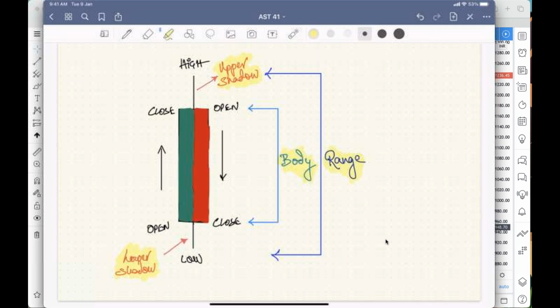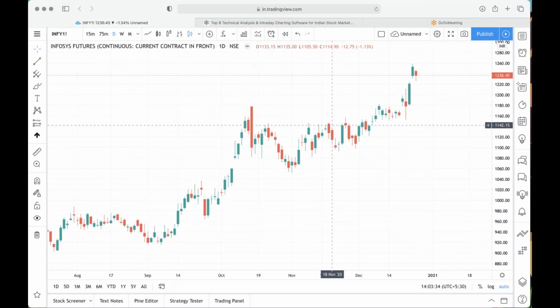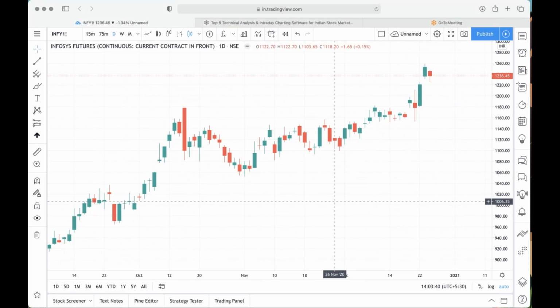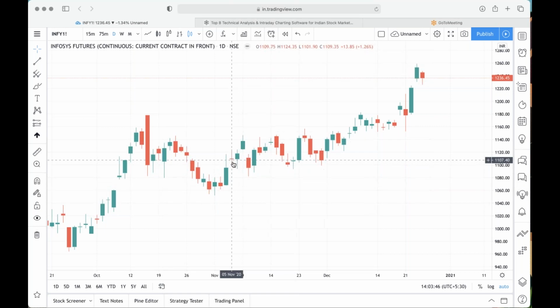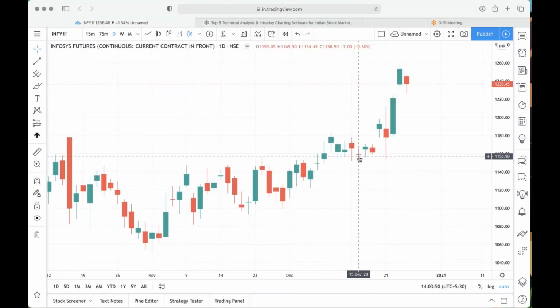And now when you take a look into any chart over here, you will find various different combinations of this. Few have a very long body, few have a very small body, few don't even have a body, like these. Few may have a very long lower shadow and a very long upper shadow. Few may not even have any shadows.